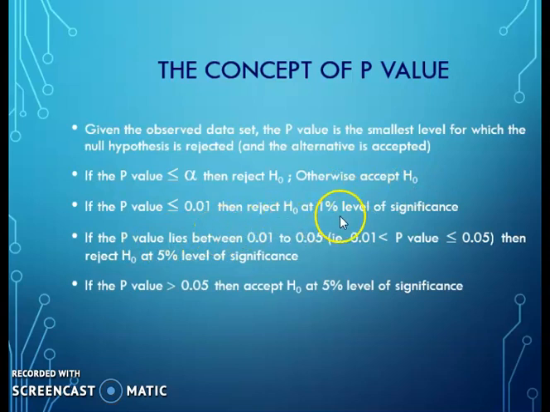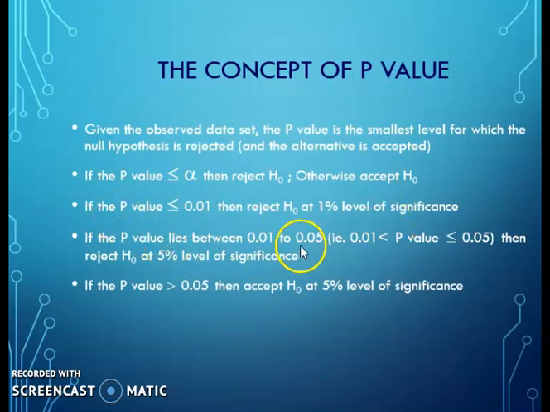Based on the 1% level of significance, there is a 1% chance which may go opposite to my result. That is the statement we need to mention.